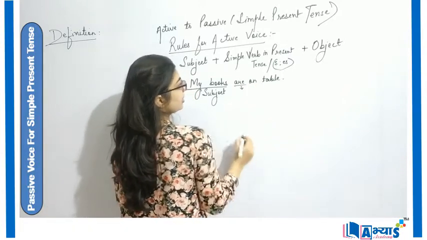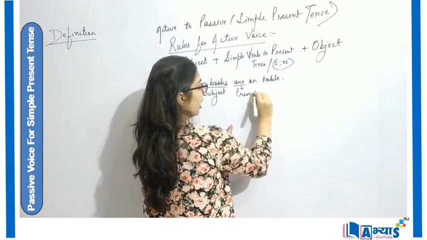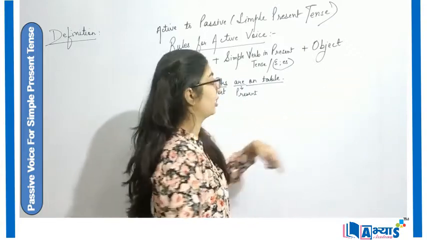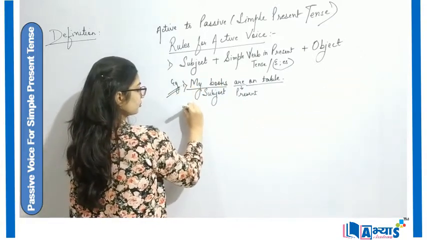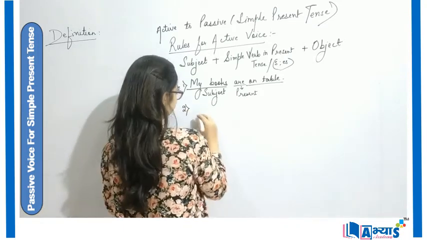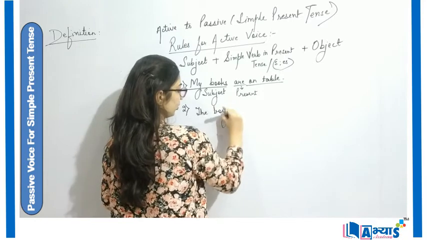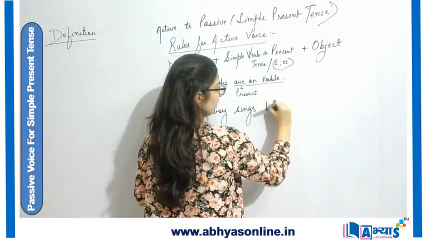Are is simple present tense and table is again the object. Another example can be, the boy sings beautifully.